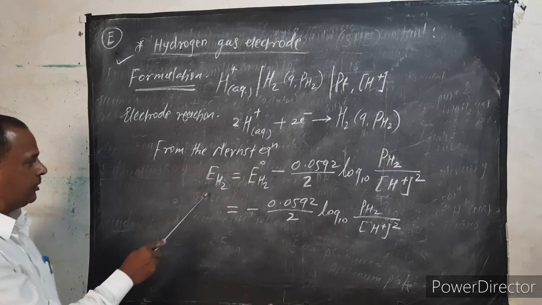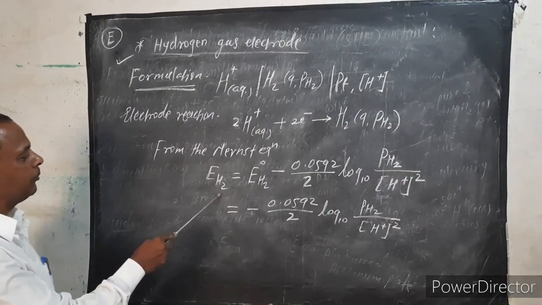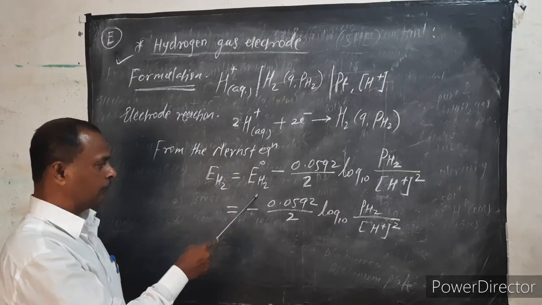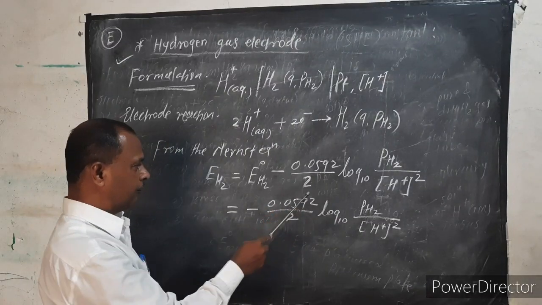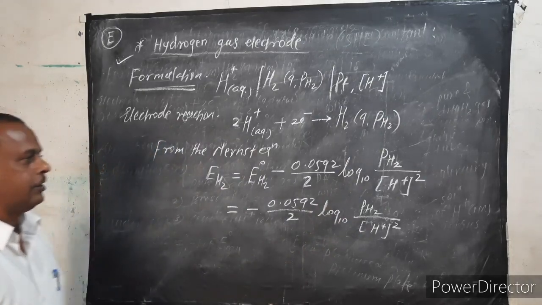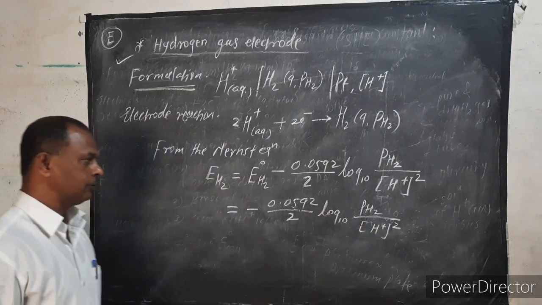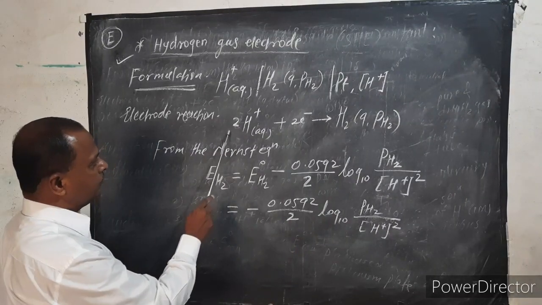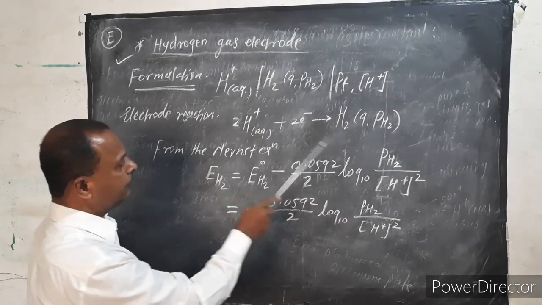From the Nernst equation, we know that the electrode potential of hydrogen gas is equal to the standard electrode potential of H2 minus 0.059 divided by n, log to the base 10 of the partial pressure of H2 gas divided by H plus concentration raised to power 2. The power 2 is the stoichiometric coefficient.